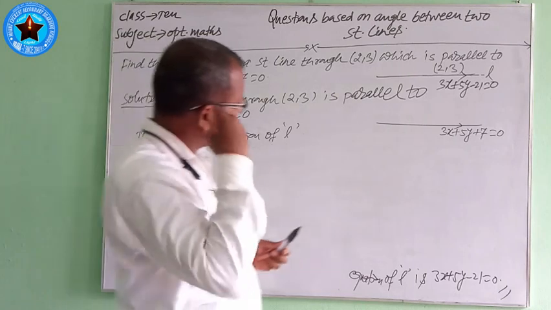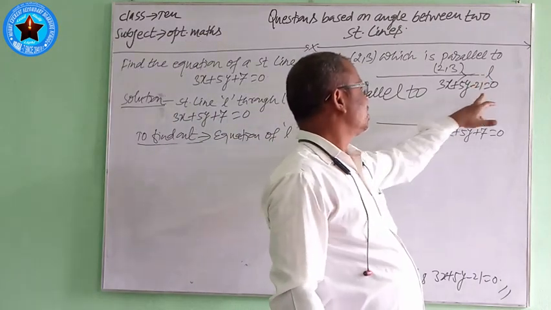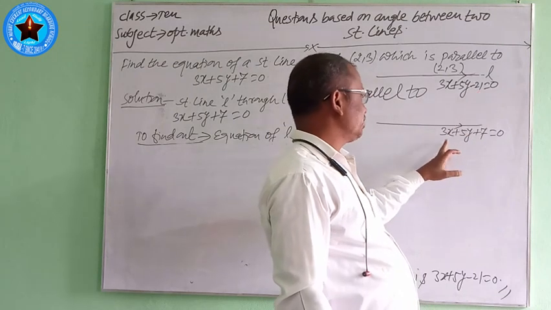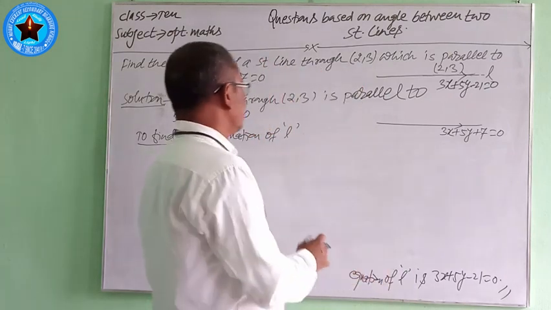Here through the process we have got the equation of L, that is 3x plus 5y minus 21, and we have been given a statement that is 3x plus 5y plus 7 equals 0.